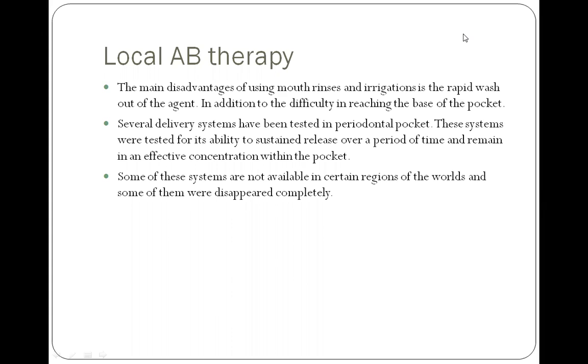The first one is rapid wash out of the agent. The second one is the difficulty in reaching the base of the pocket. If you use it as a mouth rinse, it will be difficult to reach the base of the periodontal pocket. Therefore, several delivery systems have been tested in the periodontal pocket.